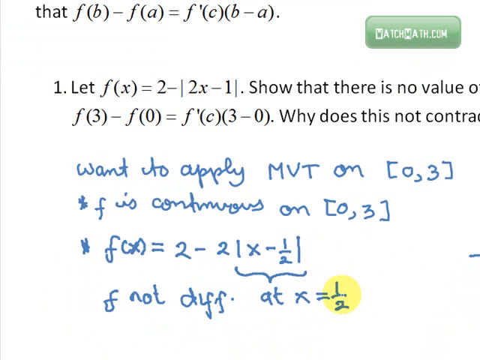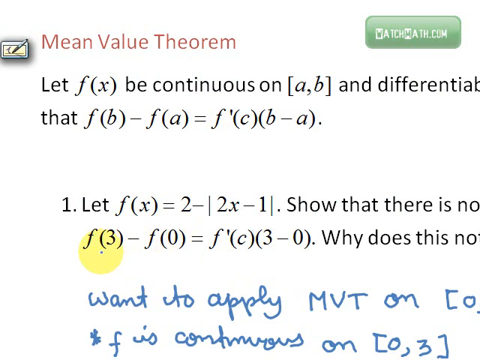But here we can find a point, 1/2, in the open interval such that the function is not differentiable. So we cannot apply the mean value theorem. This result does not contradict the mean value theorem because not all of the conditions are satisfied by this function.